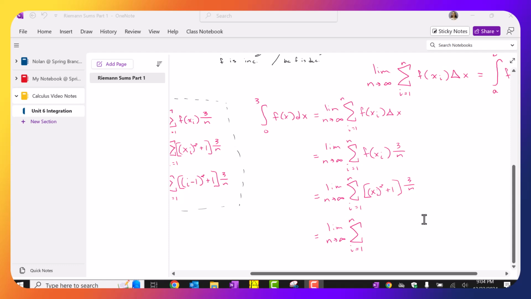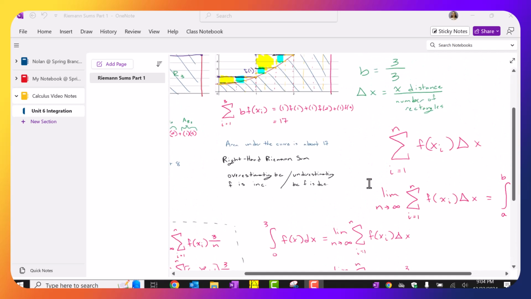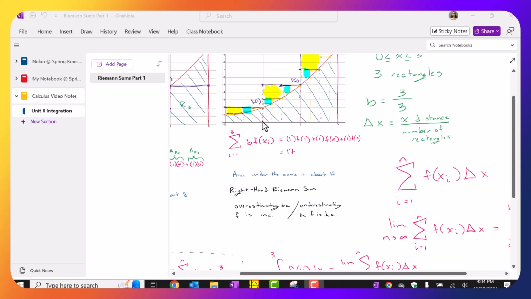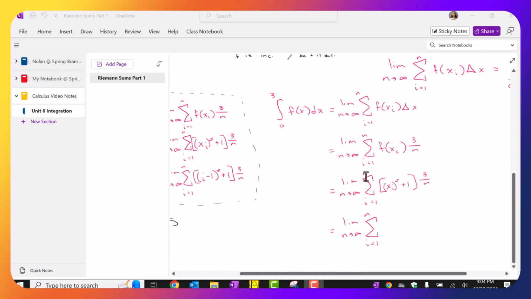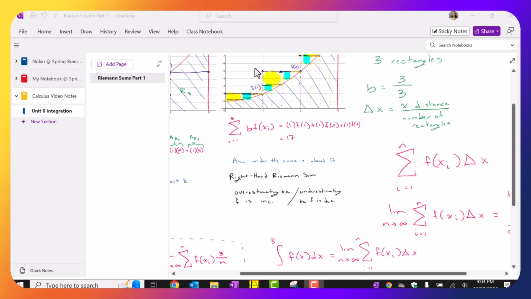Okay, and hopefully you're able to get at least to this part here on your own. I will talk us through the x sub i part again because I think that's the trickiest part here. Now we're doing our right-hand Riemann sum. We're looking at x sub i. Well, when i is 1, for our first rectangle, we want 1.